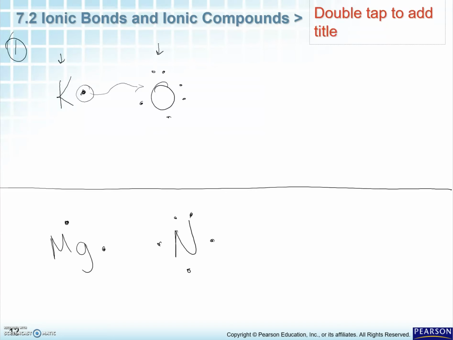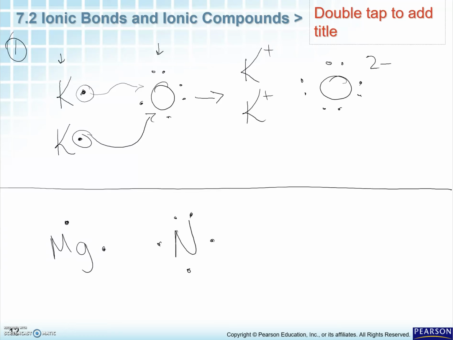So in order to counteract that problem, we just add another potassium atom in there, and donate the second electron to oxygen to give us 2 potassium ions that have a plus charge, and an oxygen with its full octet with a 2 minus charge.